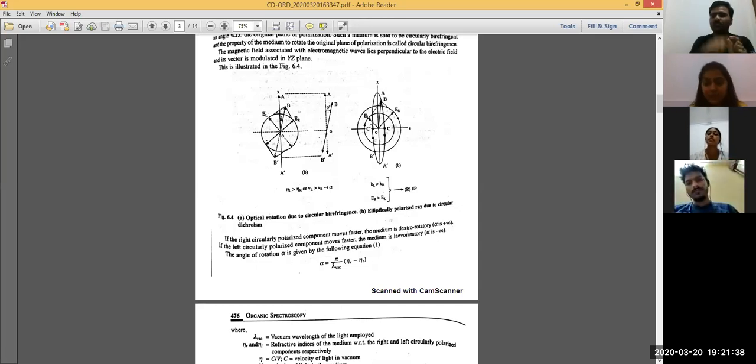More the difference, more the ellipticity. So qualitatively, at least we can establish that relationship. Right? So it's clear qualitatively that the difference between the extent of absorption of LCPL and RCPL would reflect on the ellipticity of the light. Can you follow that?